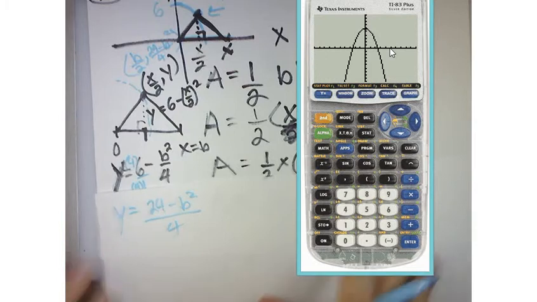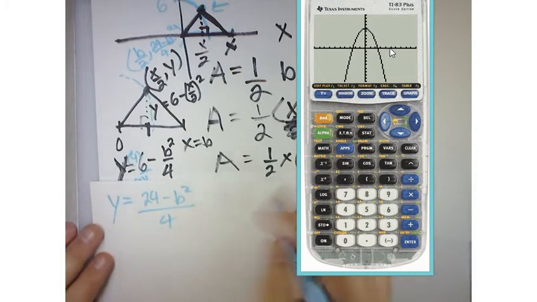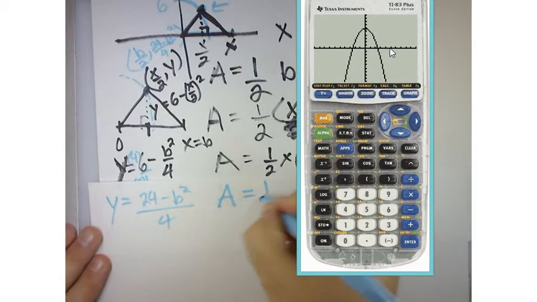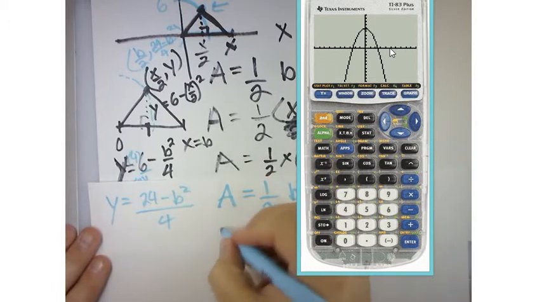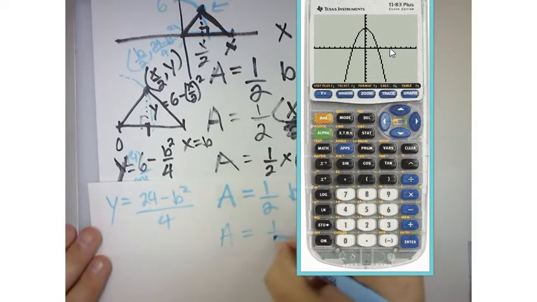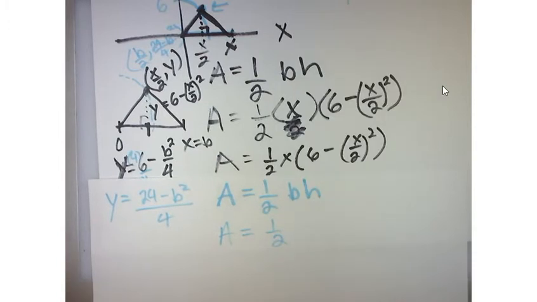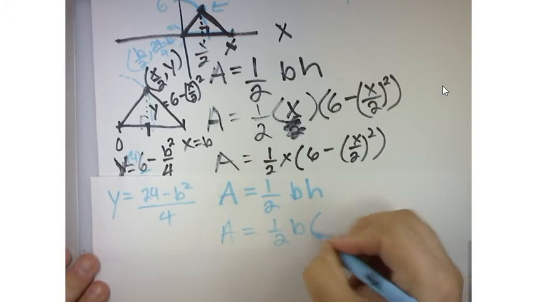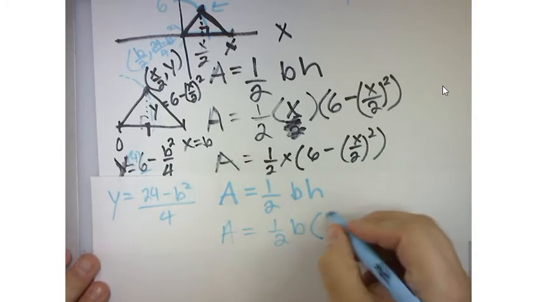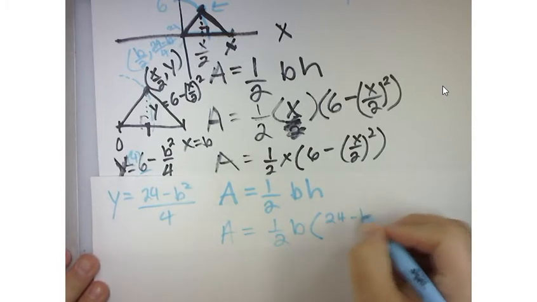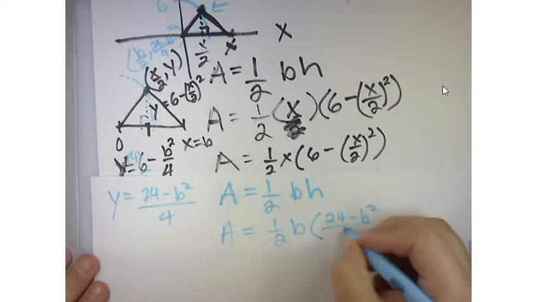So now if I think of it in terms like that, I would say that the area, which was equal to 1/2 times the base times height, would be written as the area is equal to 1/2 times the base, and now the height is all this stuff, 24 minus b squared all over 4.